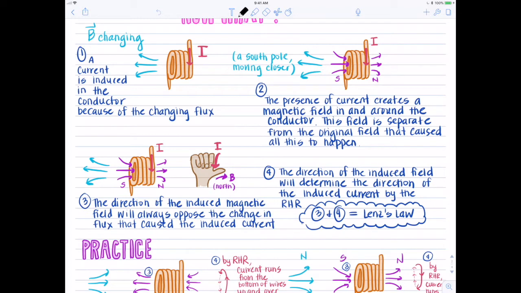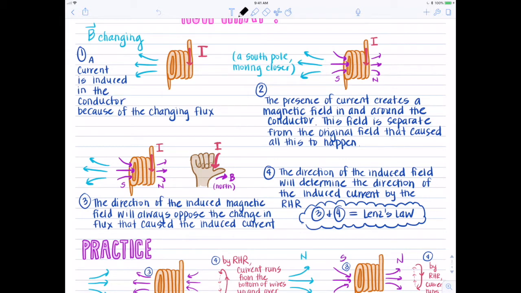Step 3 is saying the direction of the purple field will always orient itself such that it opposes the change of the light blue field. You'll see a little bit more of an explanation in the practice that's coming up right after this.